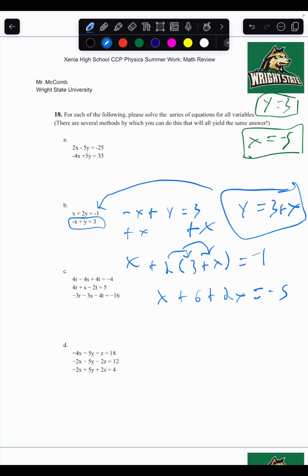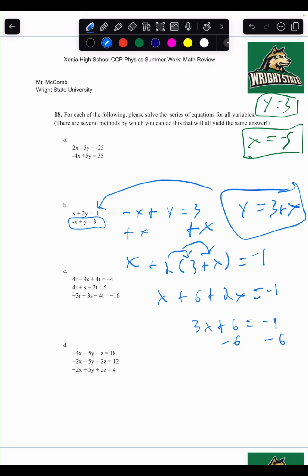And so we get x plus 2x is 3x plus 6 equals negative 1. I don't know why I wrote negative 5 there. Probably because I moved the 6 over in my head prior to that. That's a weird mistake that I made. Sorry, ignore that.